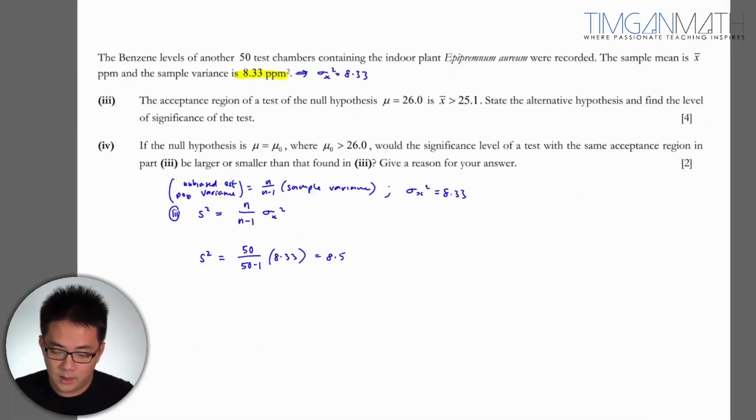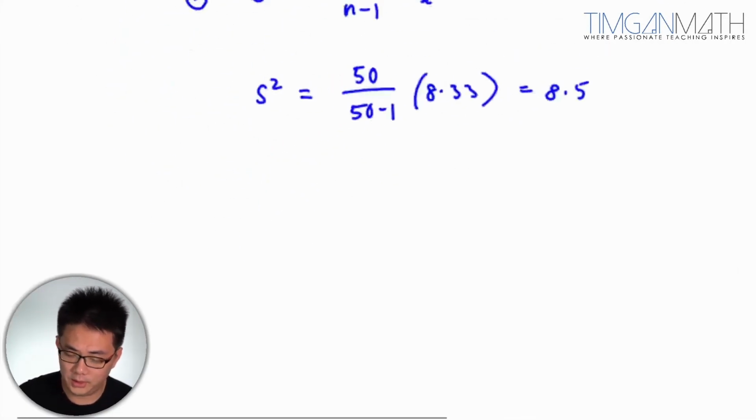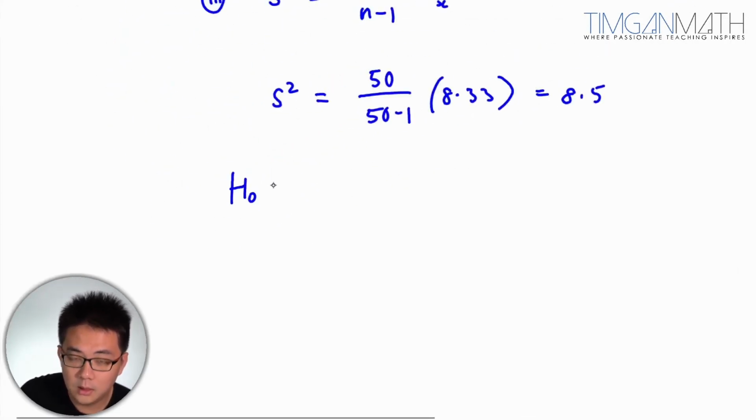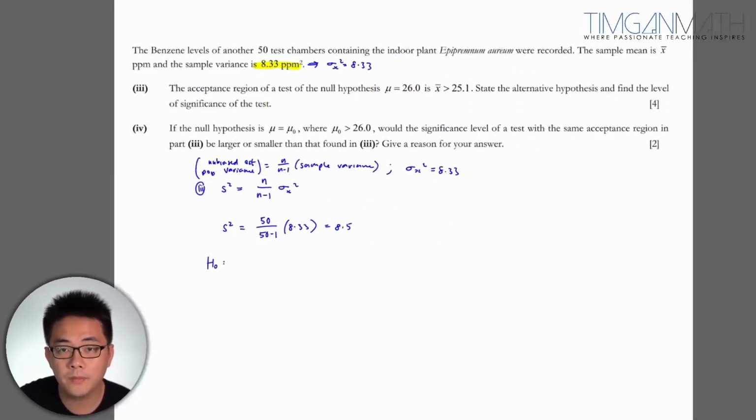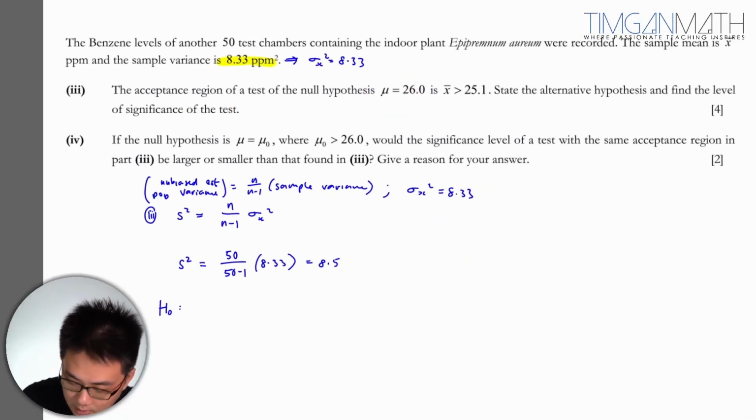Now if you're confused, you should try to understand it and draw the diagram out. You are told that H0 is the same test hypothesis that you did for the first two parts. The acceptance region of the test is where x bar is more than 25.1.